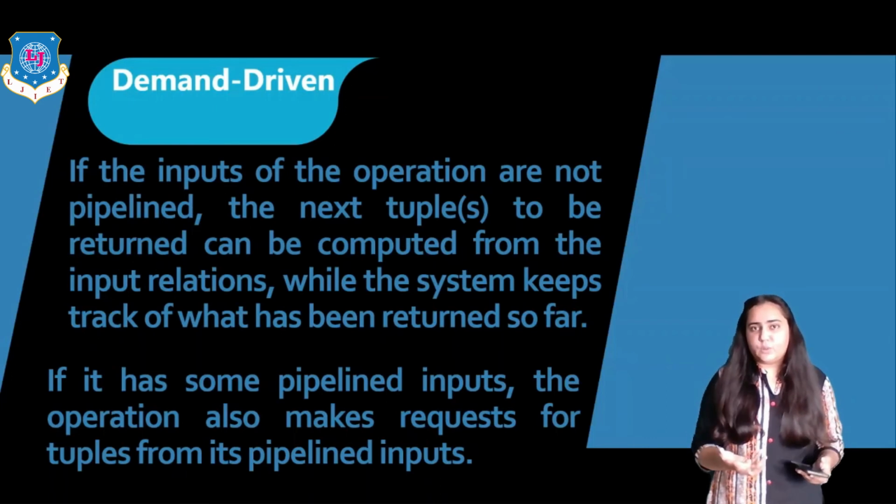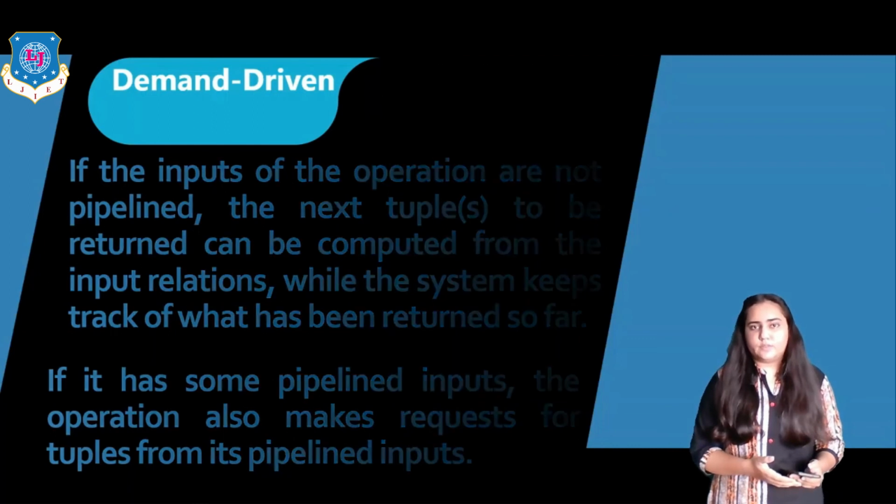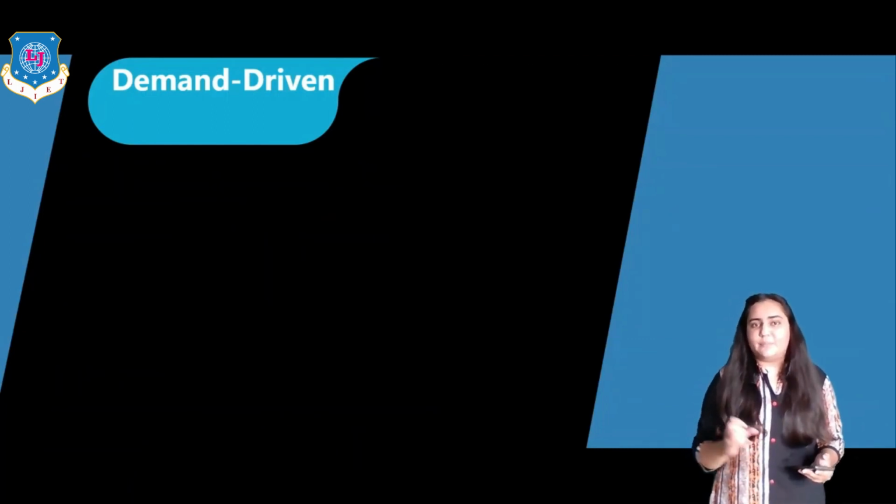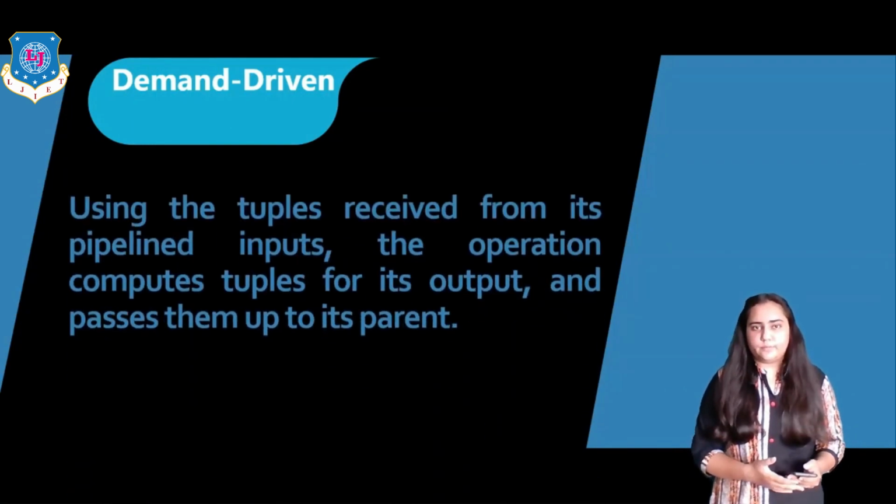So for such operations, you might want to wait for the pipeline to gather more data, more rows, and then perform the operation. So in demand-driven pipelining, this is demanded by the operation or by the system. It is not automatic. When the system demands more inputs, then it gets those inputs.